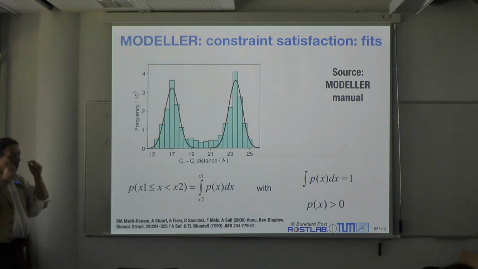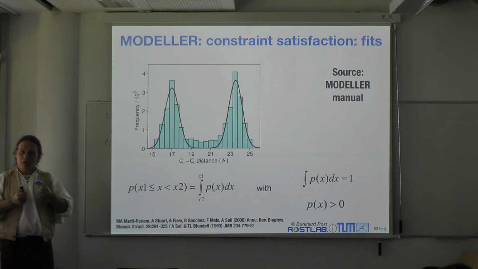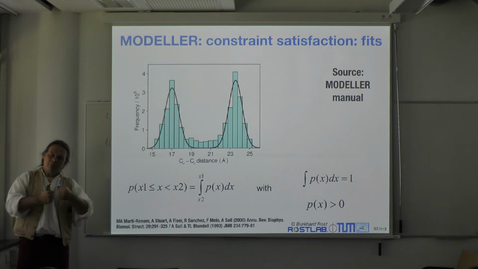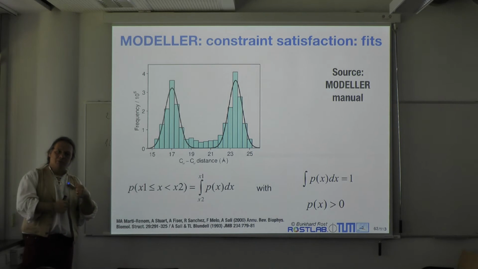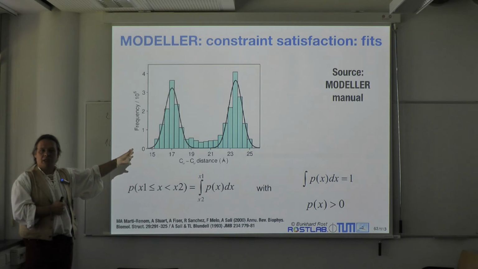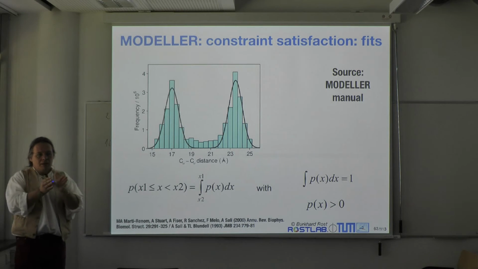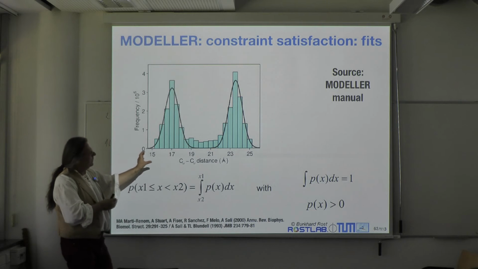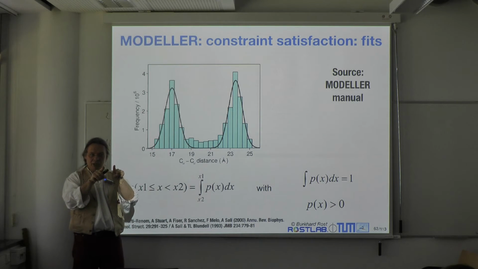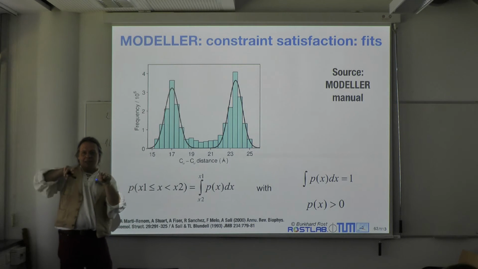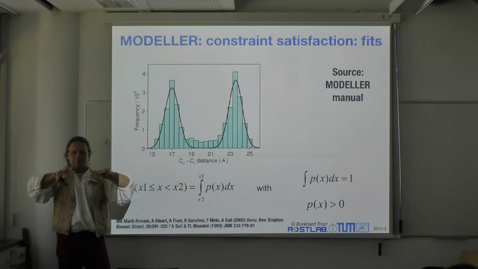So how would you make the model, how would you change the model? Well, you cannot really move the C alpha back to the position so that it fits. You have to do that in some sort of probability value. And you have to begin with the first pair where they clash, you move them a little bit closer, and you immediately see that will move the rest a little bit apart.